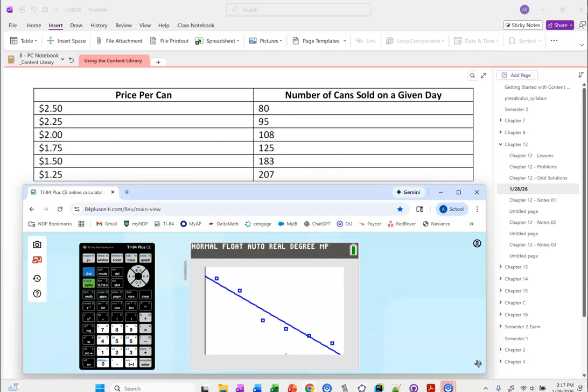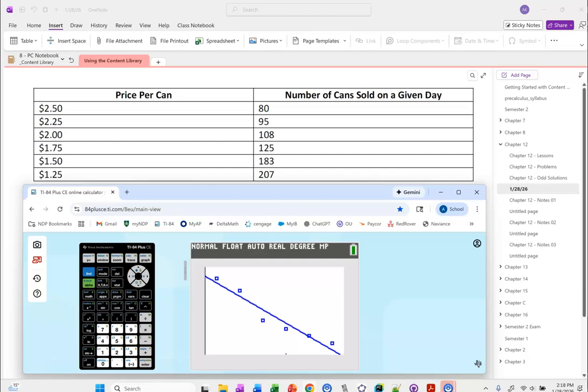If you plugged in $1.25, you're probably going to get a number less than 207, because look at where 207 is and where the model is. It's just a prediction. The actual values will be different.